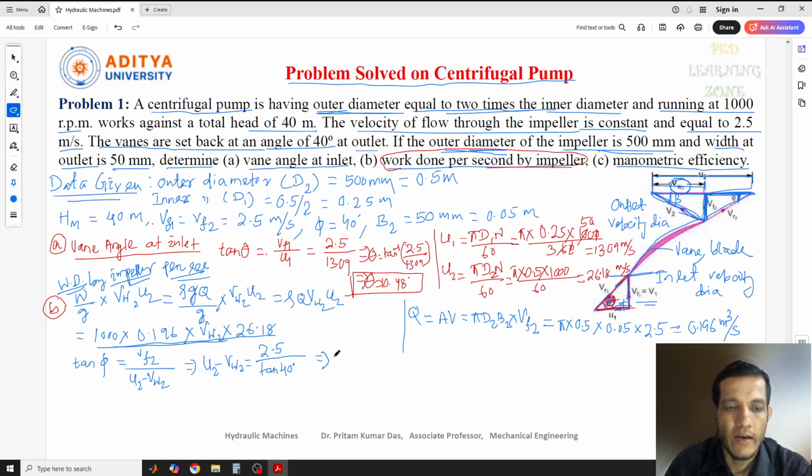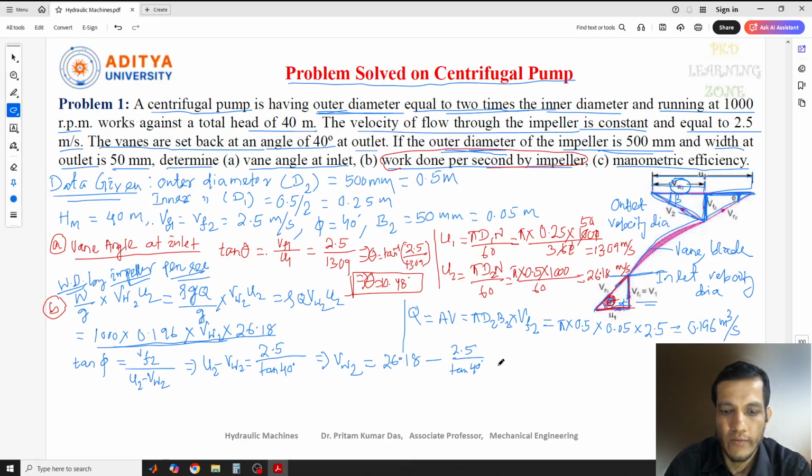Again, what we require here is the value of Vw2. So Vw2 is nothing but, taking this value to this side, U2, which is 26.18, minus 2.5 divided by tan 40, correct?